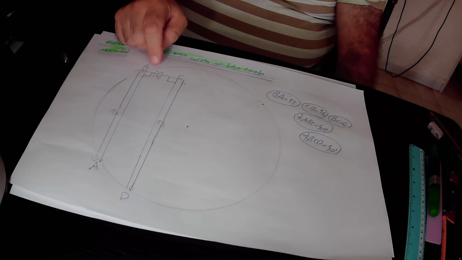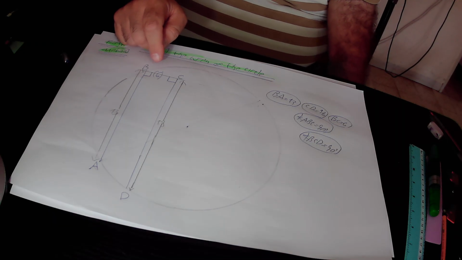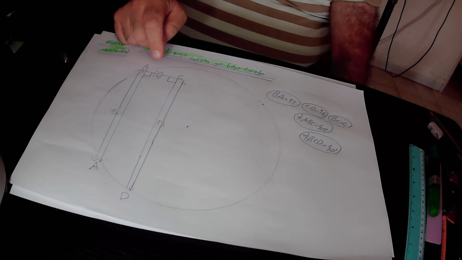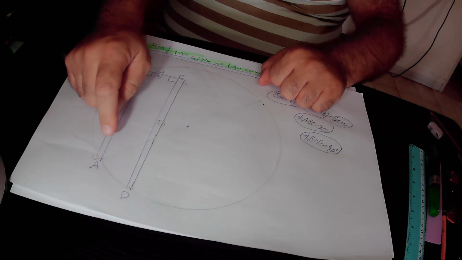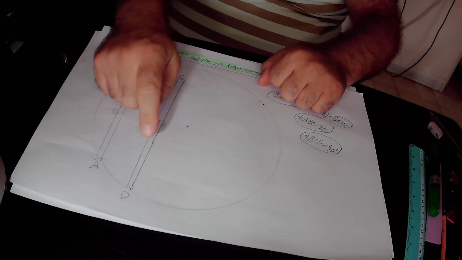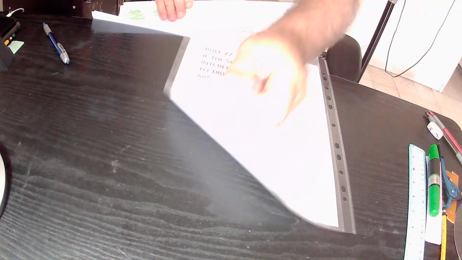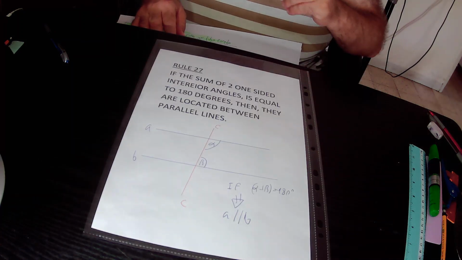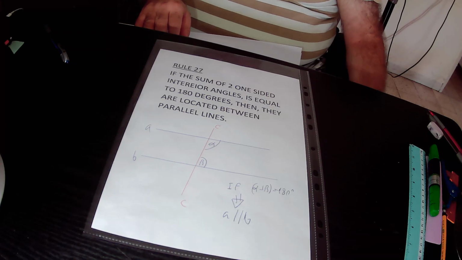Whenever the sum of two one-sided interior angles equals 180 degrees, then they must be located between parallel lines. This is to say, line segment BA is parallel to line segment CD. So according to rule 27, if the sum of two one-sided interior angles is equal to 180 degrees, then they are located between parallel lines.